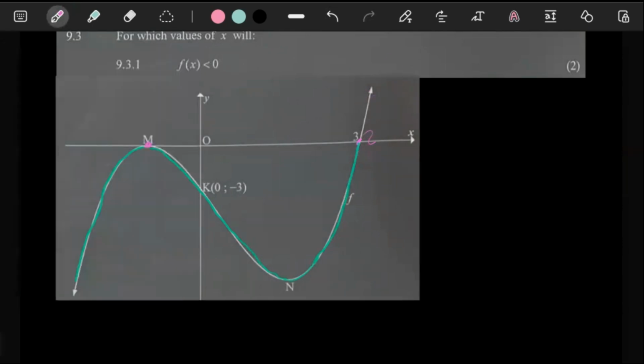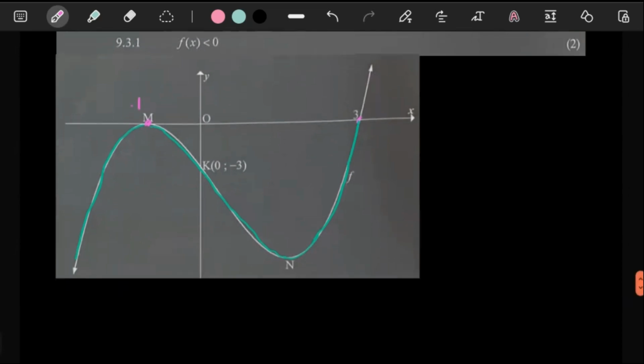Okay, so there is an x value here and an x value over there. So this is like a -1. So the graph is below 0 where x is smaller than, I was about to say smaller or equal to, I was about to make a mistake there. So you're going to say where x is smaller than -1, or where x is an element of -1 until 3.